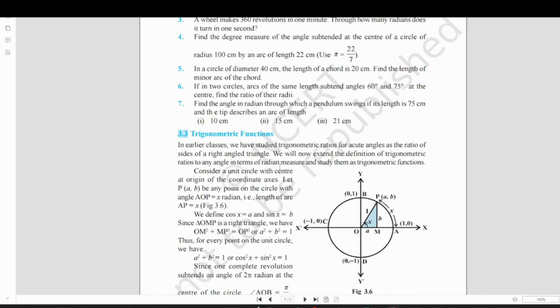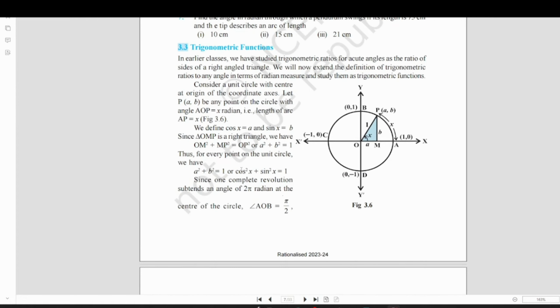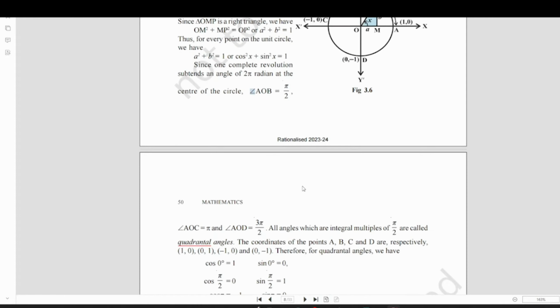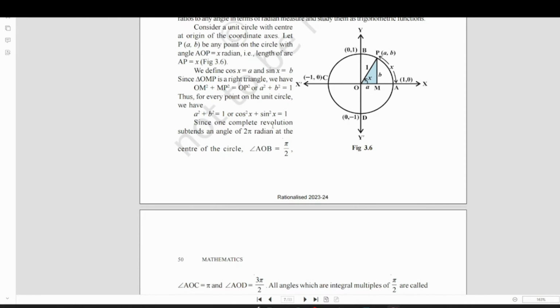So let's move into the next point, which is the trigonometric functions. This identity we have already established, right? Sin square x plus cos square x. We need to know that in any triangle, cos square x plus sin square x equals 1. We have seen this. Since one complete rotation subtends an angle of 2 pi, when you have completed one circle completely, you would have finished 360 degrees, which is also equal to 2 pi, right?